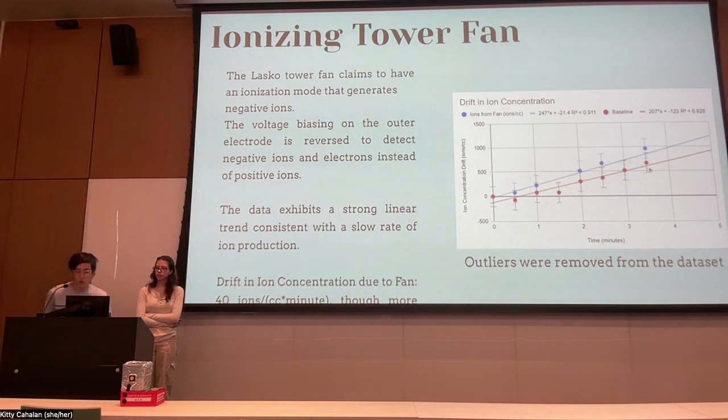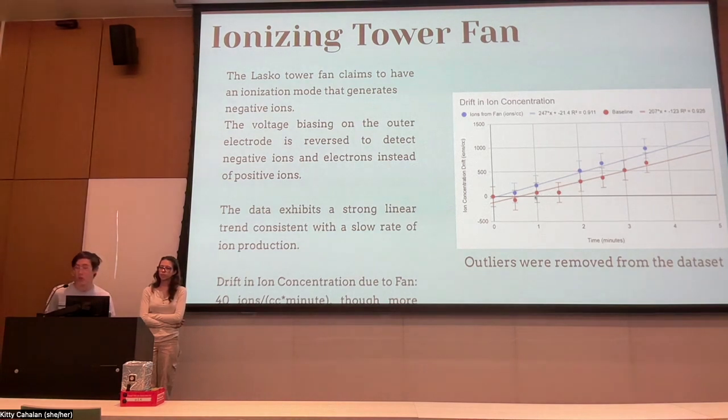And so if we subtract the baseline drift away from the observed increase, we can determine that the fan seems to produce around 40 ions per cubic centimeter per minute. But more research is needed because of this baseline drift, and also outliers.